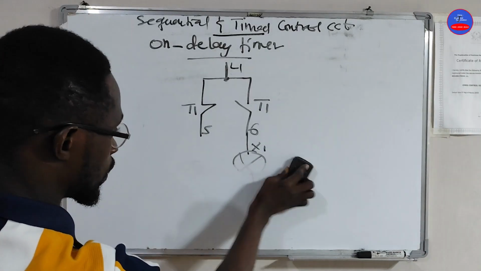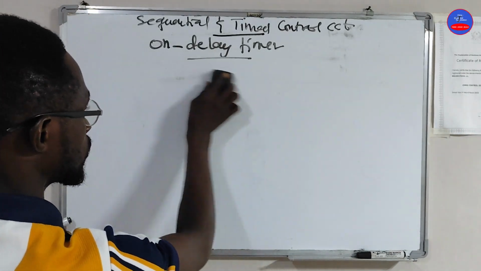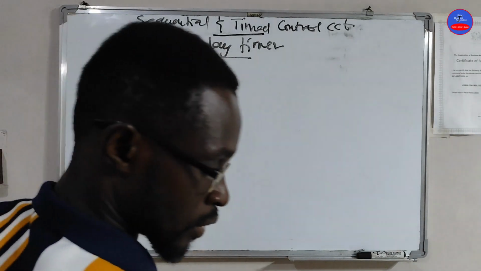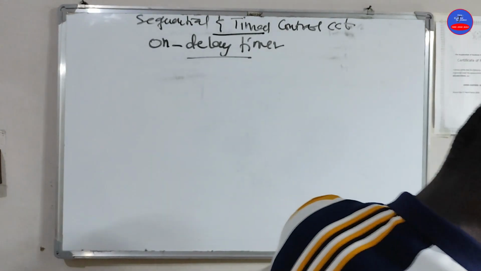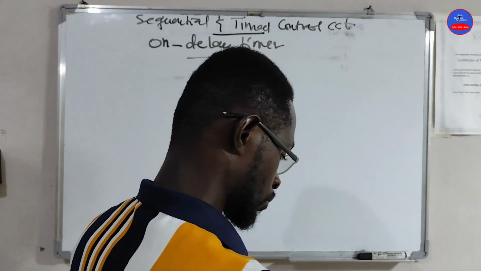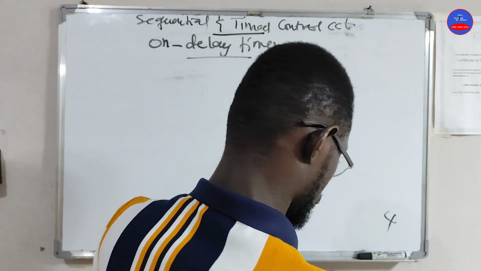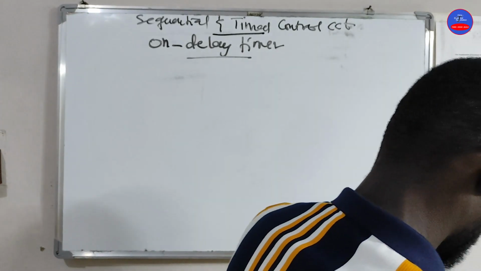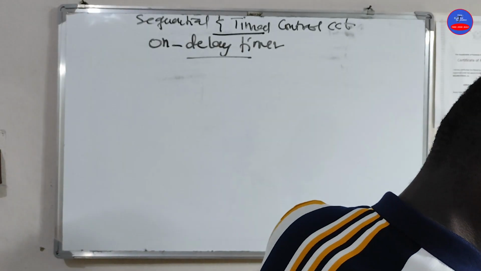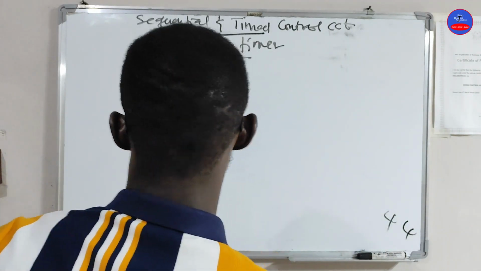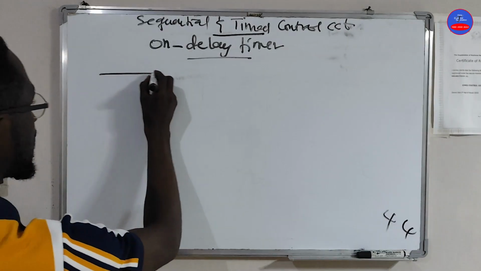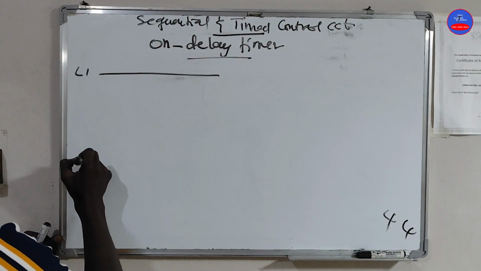So let's draw some circuits. Assuming you have our line here, that is line 1.